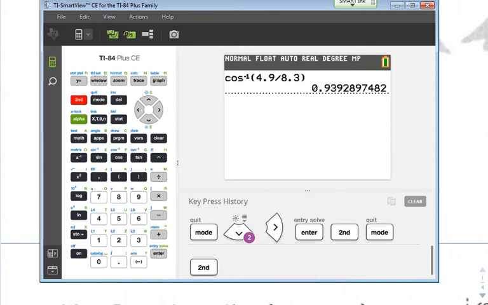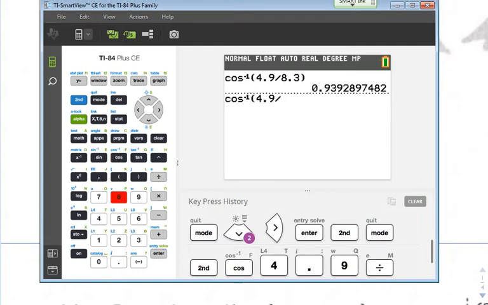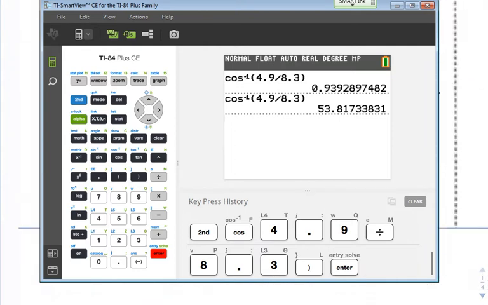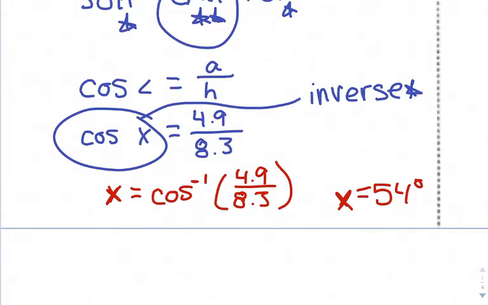So second cosine gives me that -1 of 4.9 divided by 8.3. Now I get my correct answer. So we get 53.88, but it wants it to the nearest degree, so that would give me 54 degrees. So I have my X equals 54 degrees.